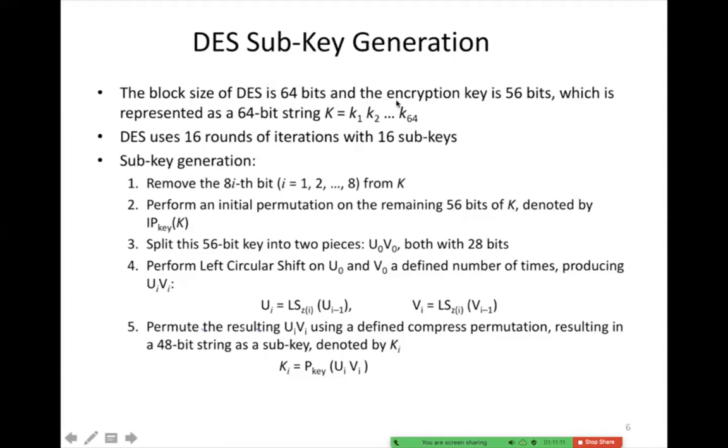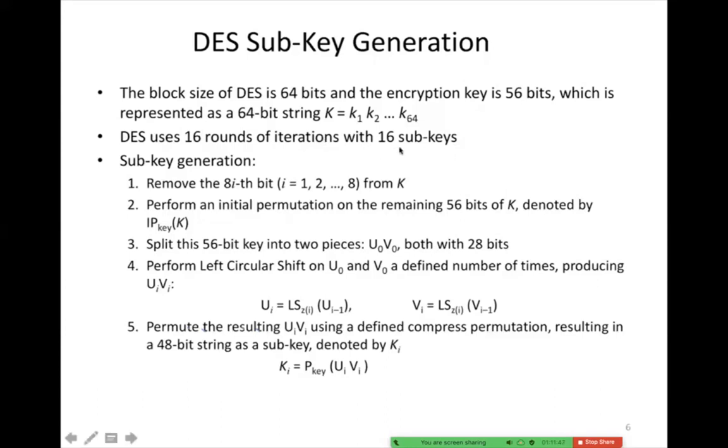And the encryption key is 56 bits, but it is represented also as a 64-bit string. The only difference here is that some of the bits are not used to generate subkeys. So still 64. The number of rounds of DES is 16, which means that we let n be 16 in the Feistel cipher scheme.